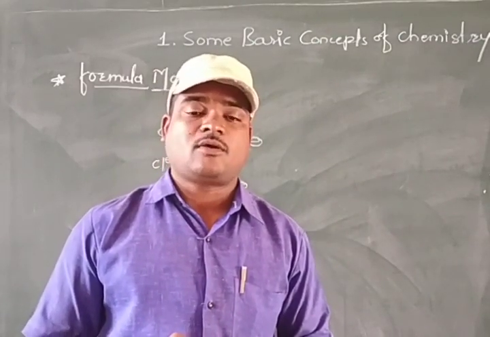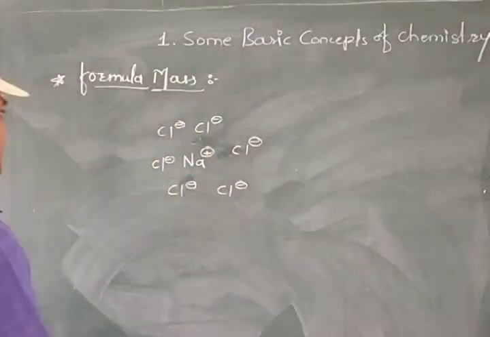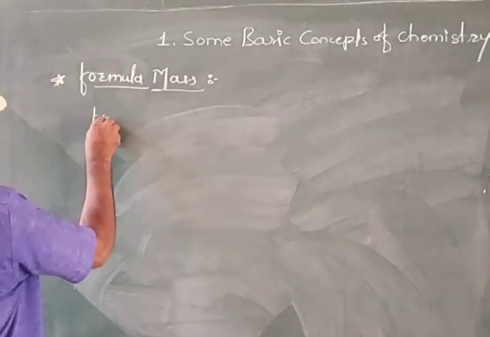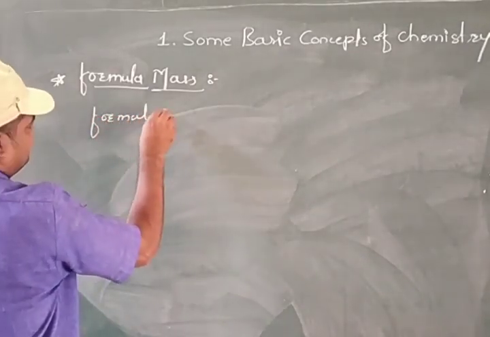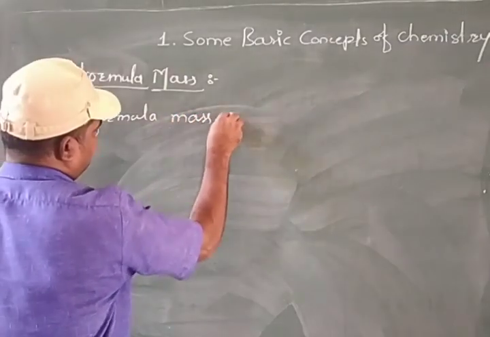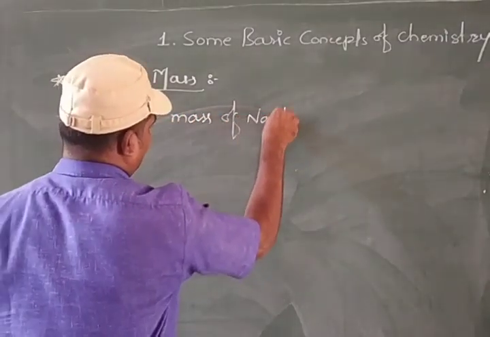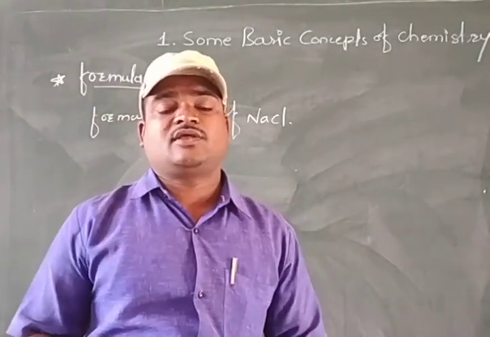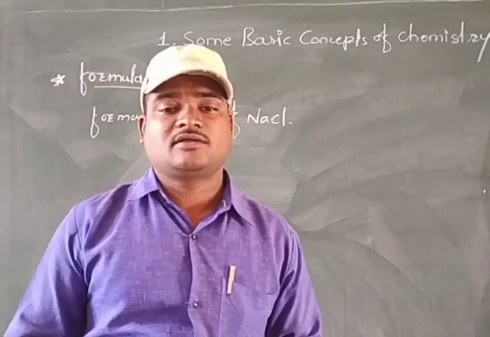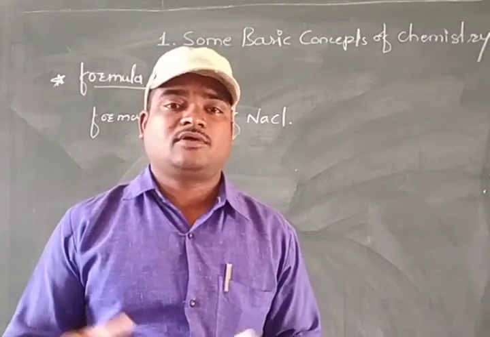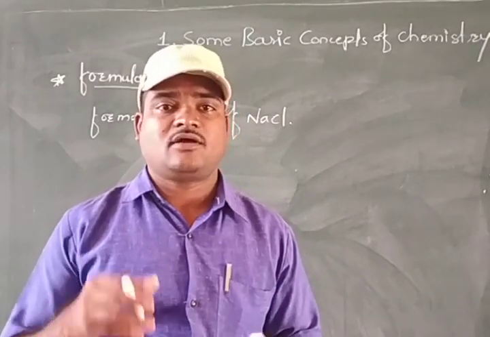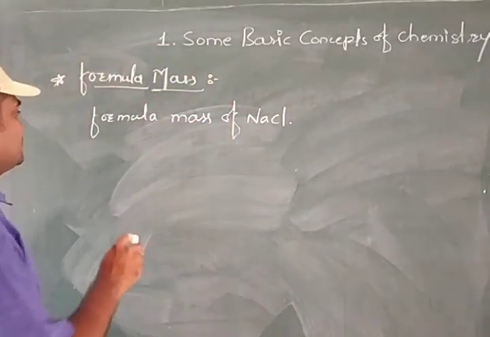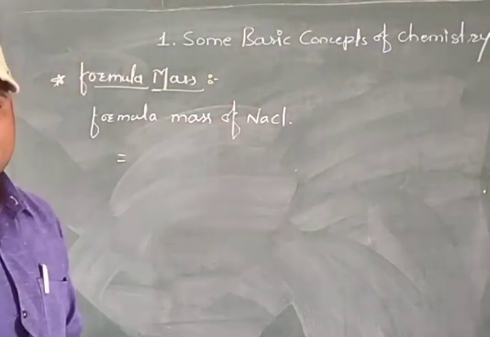Now students, the formula mass of NaCl we are going to calculate. How to calculate? The average atomic mass of sodium plus the average atomic mass of chlorine. If you do the sum of both of these average atomic masses, you will get the formula mass. This is the simplest method to solve the formula mass of NaCl.